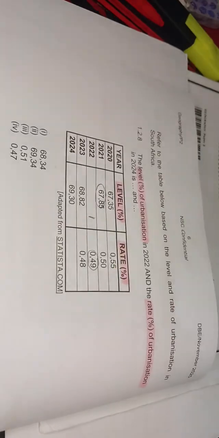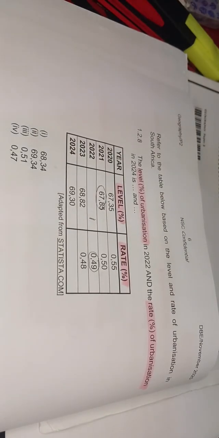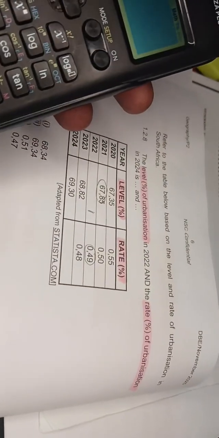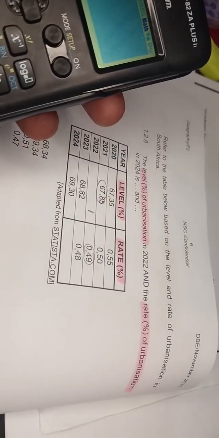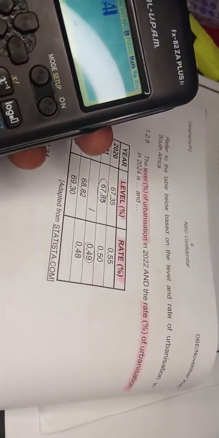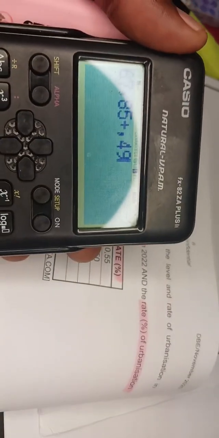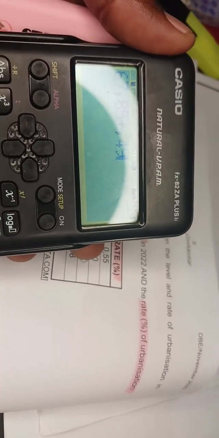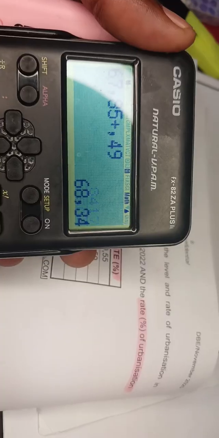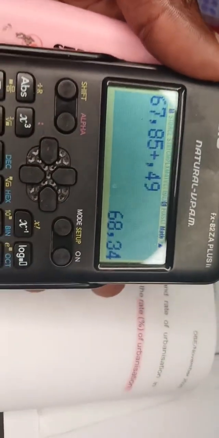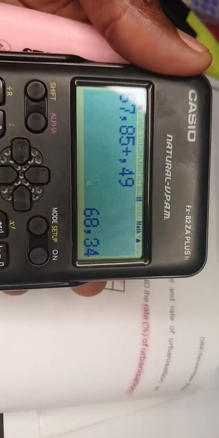That's how we get the level. So 67.85 plus 0.49. What will be our answer? Our answer will be 68.34. Sorry, 67.34.